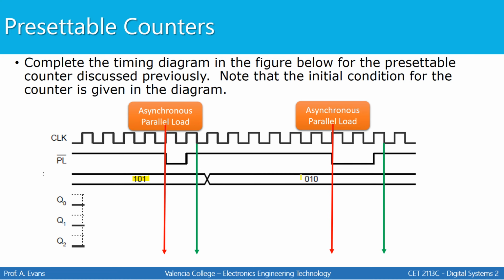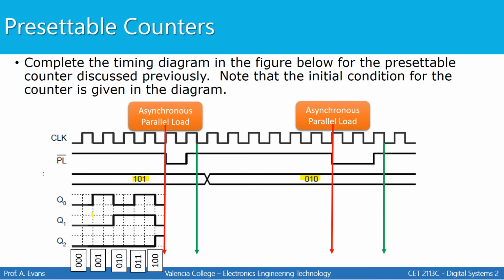The data that I'm supposed to load is right here. And between this red line and this green line, I'll know that I'll load that data and it'll hold until the green line is here, and then it'll begin counting up again. So if you identify your critical points first, it makes the waveform a lot more simple to fill in. So let's start with this piece right here.